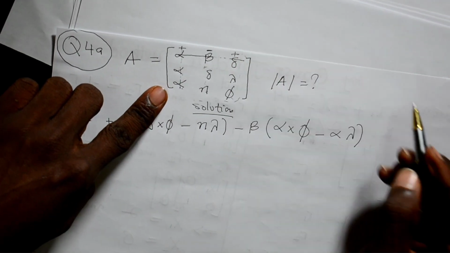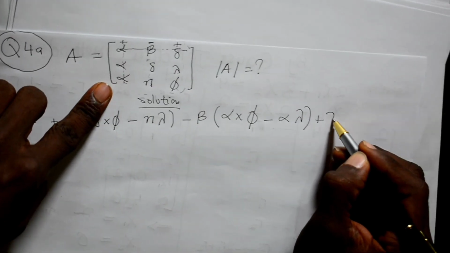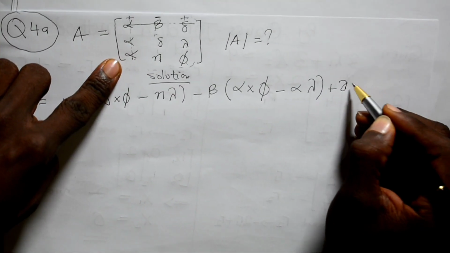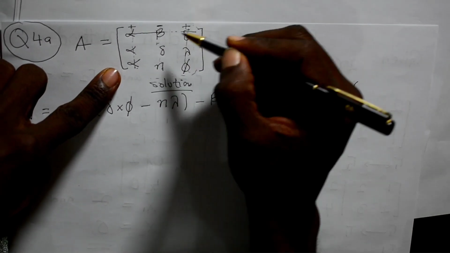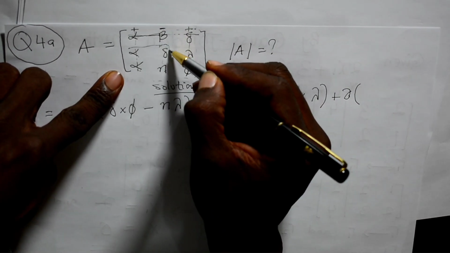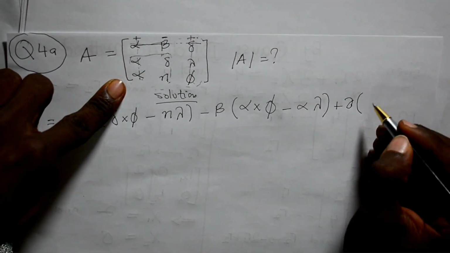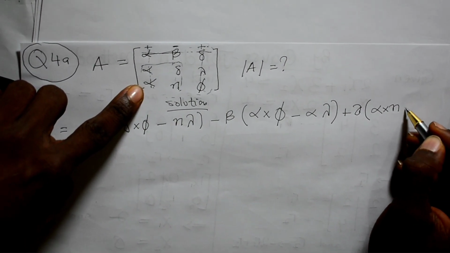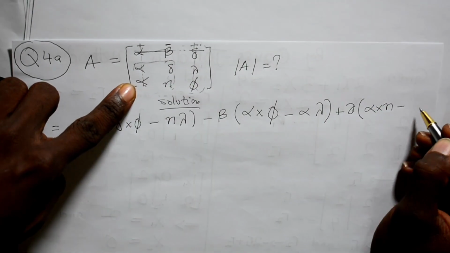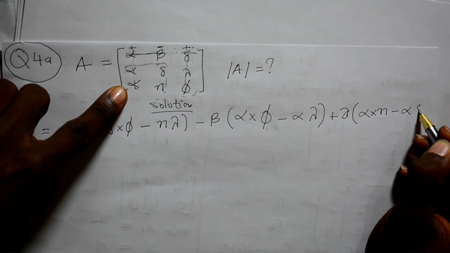Then we carry the next and the last one, that is sigma. Then we close its column and its row. Then we go for the remaining ones. That means alpha times viscosity minus alpha times sigma.